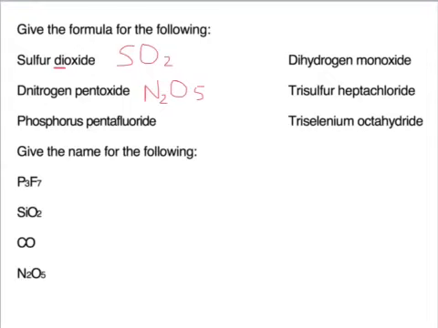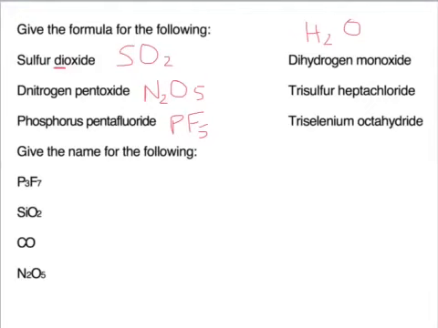Phosphorus pentafluoride: phosphorus is P, pentafluoride means fluorine, and there's 5 of them, so PF5. Dihydrogen monoxide: hydrogen, and di means 2. Monoxide, oxide is oxygen, and it's only mono, so that's 1. So actually, the real name for water is dihydrogen monoxide.